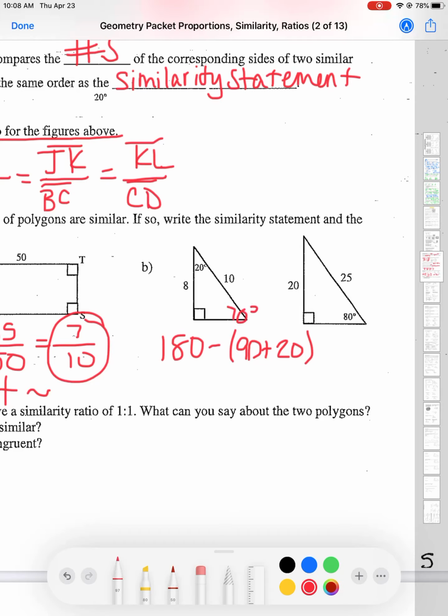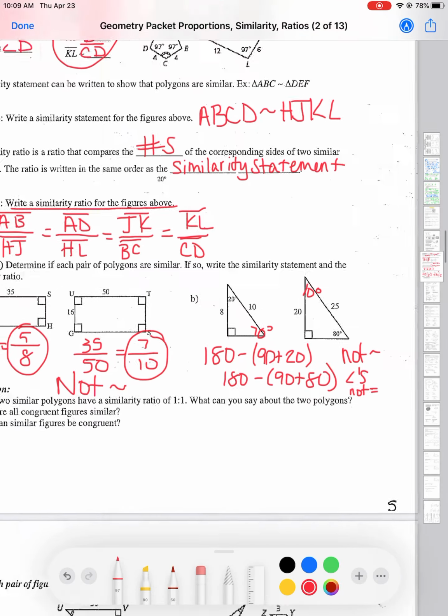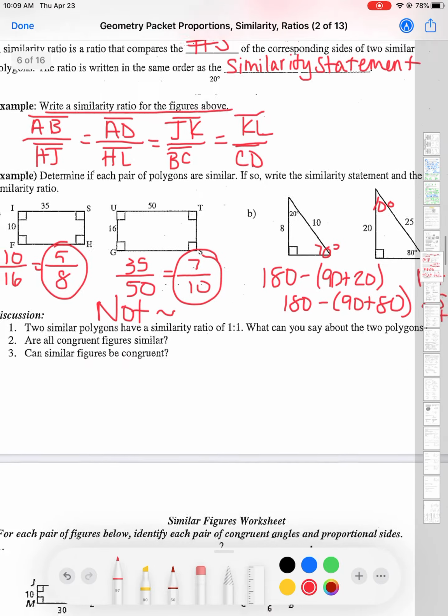And we find out that this angle is 70 degrees. We can do the same thing over here. And we find out that this angle is 10 degrees. So these are not similar because their angles are not equal.